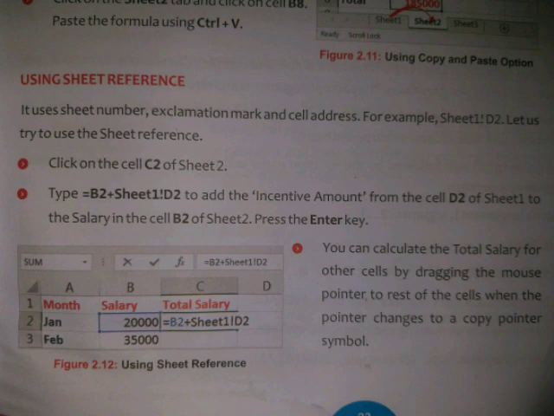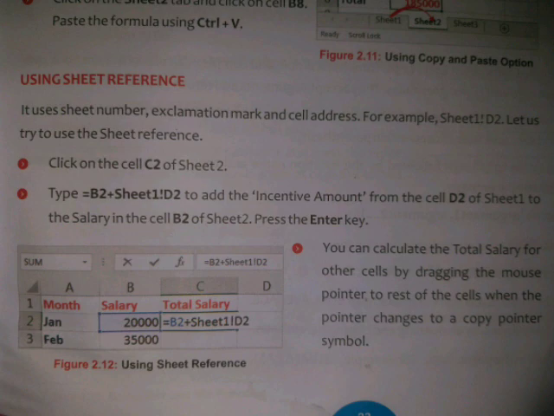First, click on the cell C2, where we need the total salary. Total salary is salary plus incentive amount. Salary is given in the same worksheet, so simply type equal to B2. Then insert the plus symbol. Then we write Sheet1 exclamation mark D2.